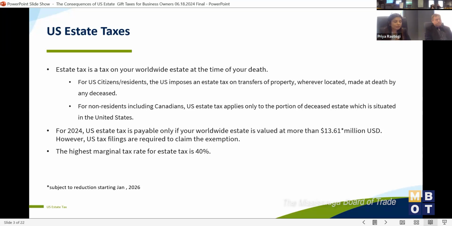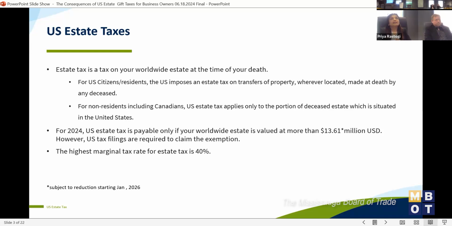So for 2024, there would be US estate tax payable if your worldwide estate is more than 13.61 million US dollars. Keeping in mind that effective from January of 2026, this worldwide estate exemption gets down to 6 million, subject to some exemptions.